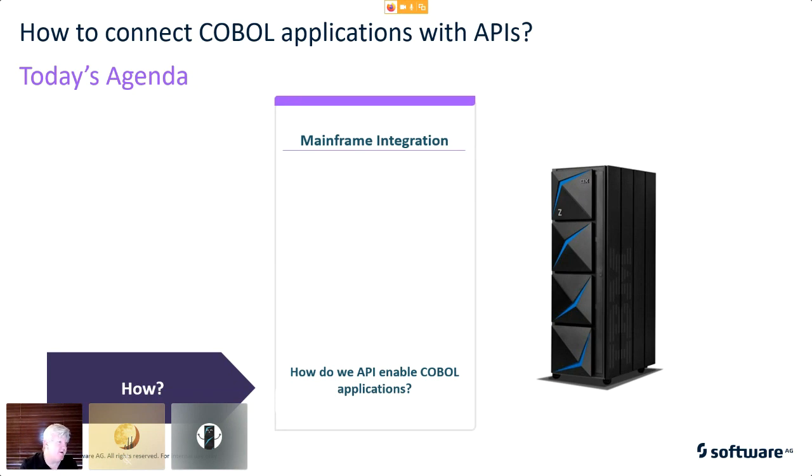But I think the biggest consideration is that the people that are calling these APIs are typically not going to have mainframe security. So you have a disconnect between the two systems.